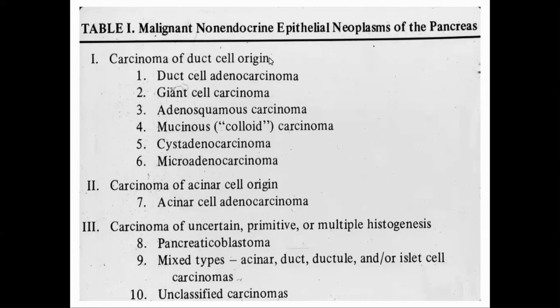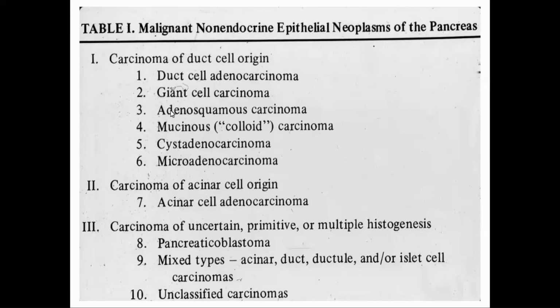So carcinoma of the pancreas can be of ductal origin, or of acinar, that is glandular cell origin. It is called acinar cell adenocarcinoma, which arises from acini, the glandular element, and this is rare. Most common is ductal cell carcinoma of the pancreas.